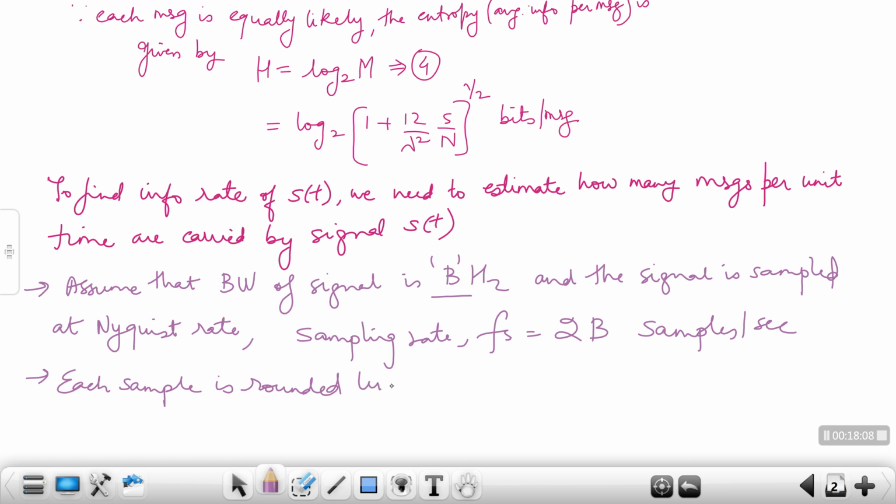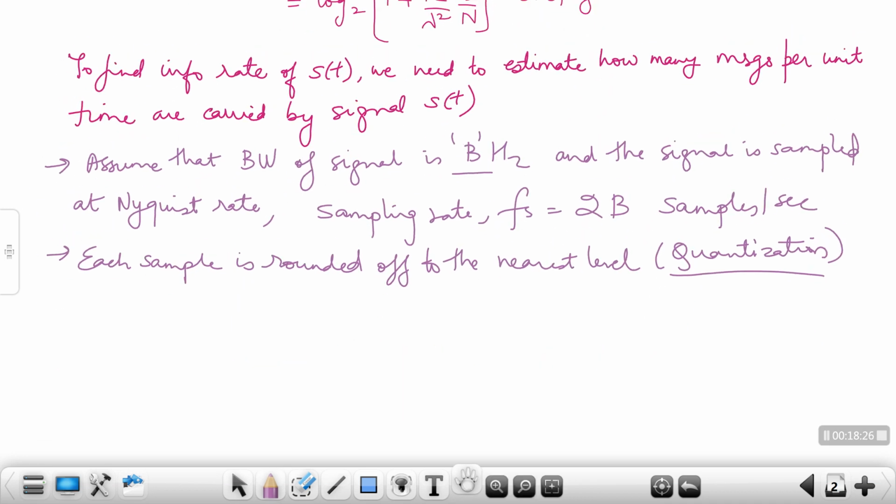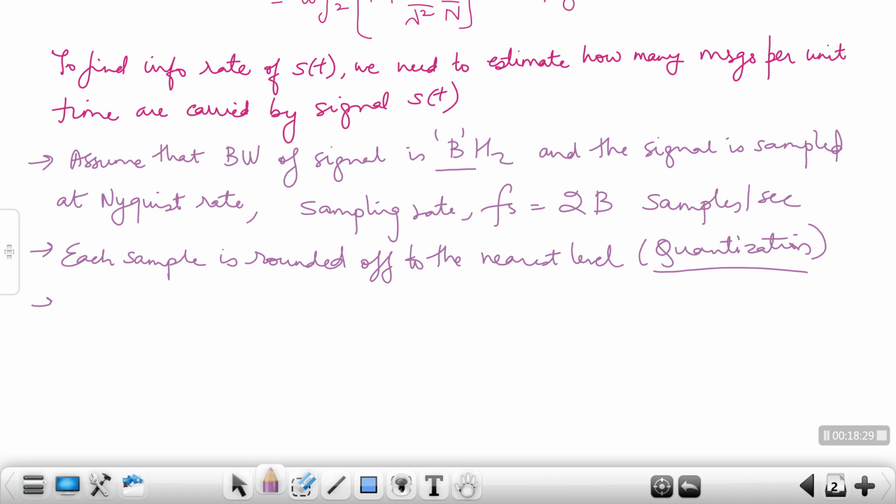The moment each level is rounded off to the nearest level, hence each sample will represent one message, and therefore the same is the message rate.